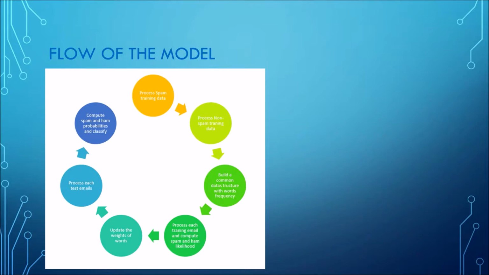Initially, as part of the logistic regression implementation, we process the spam training dataset. We have considered a dataset which consists of separate spam emails and separate non-spam emails, which are the training data. As the initial step, we process the spam training data set and identify the spam keywords.